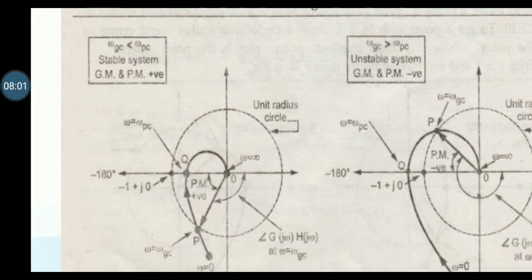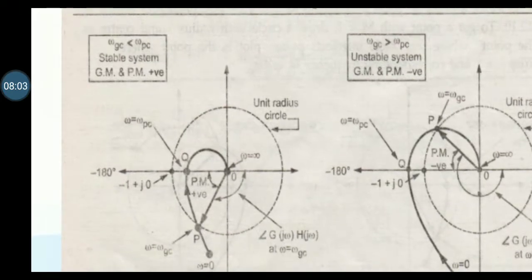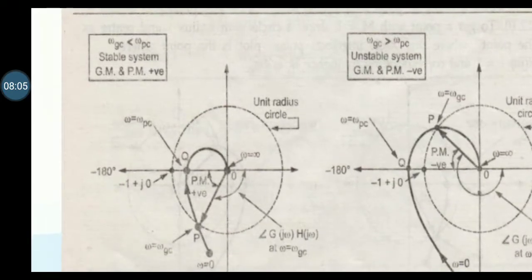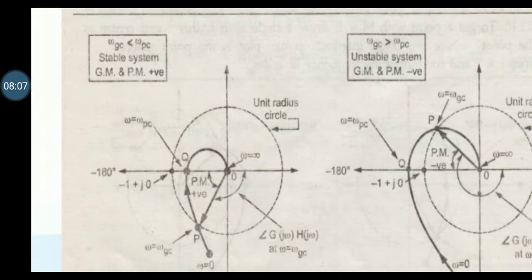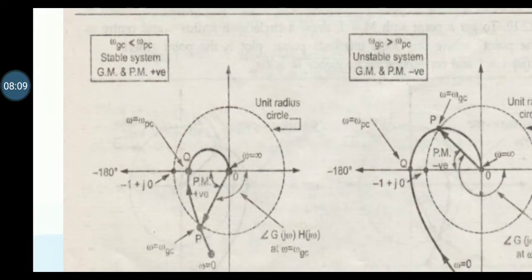Then the polar plot intersects the negative real axis. Such a point Q is shown in this figure, you can see here.